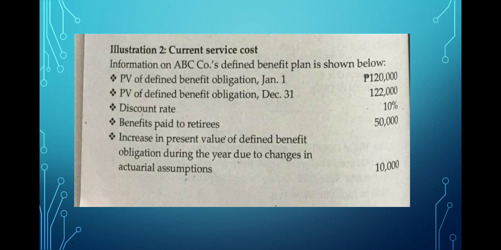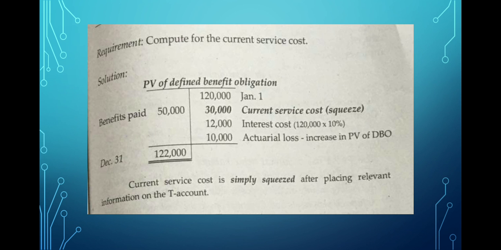And we also have illustration 2 for current service cost. The information on ABC Company's defined benefit plan is shown below. So it's the same. And we have the requirement: compute the current service cost. And this is the solution.